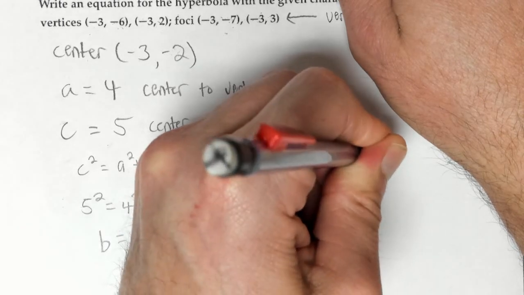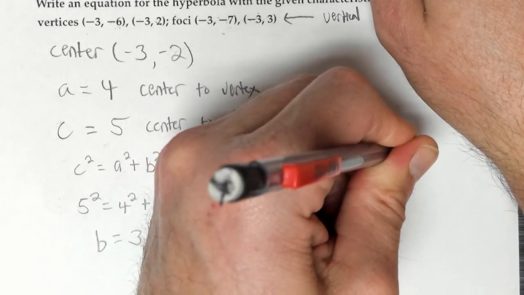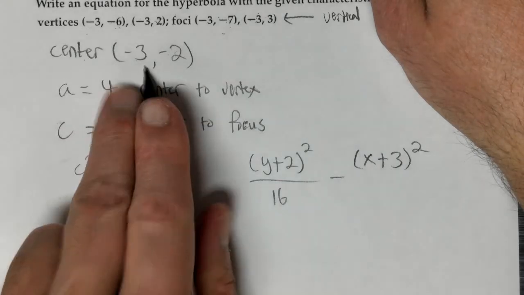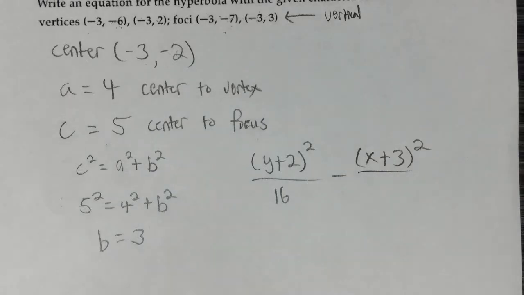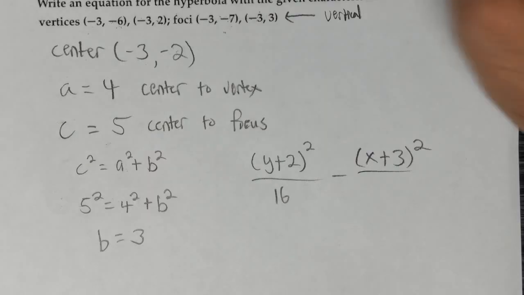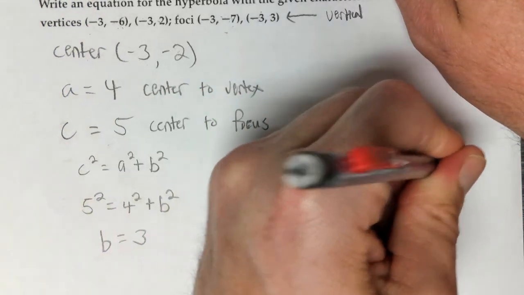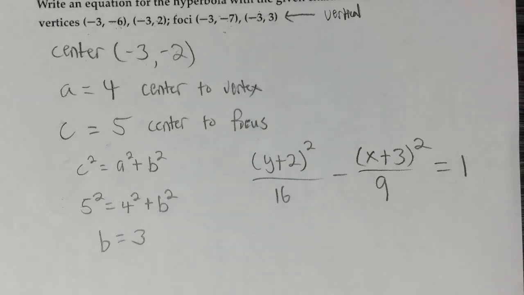Minus. Got my x term here now. It's going to be +3. Minus -3 changes to +3 from there. And that's going to be over your b squared. My b we found to be 3, squared is 9. And of course, must be equal to 1.